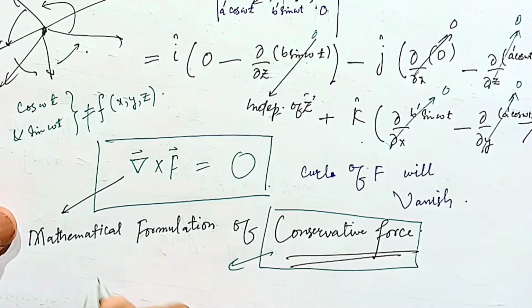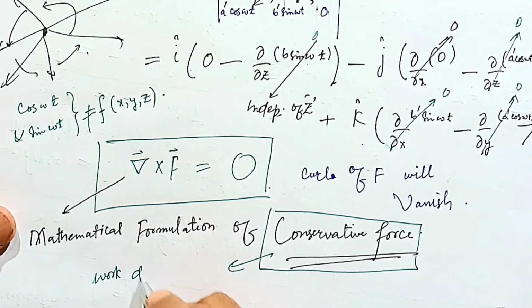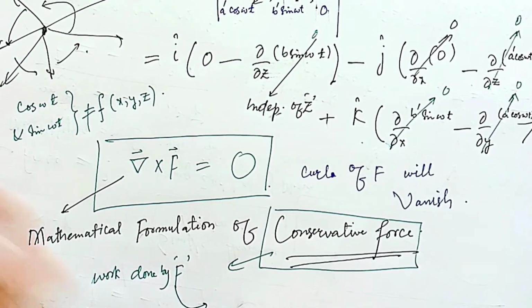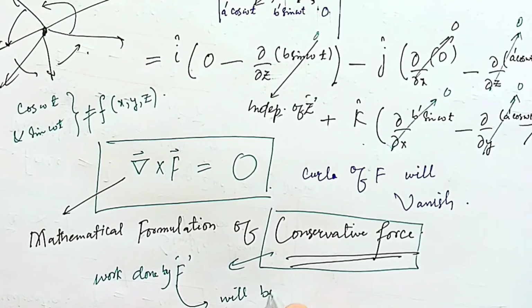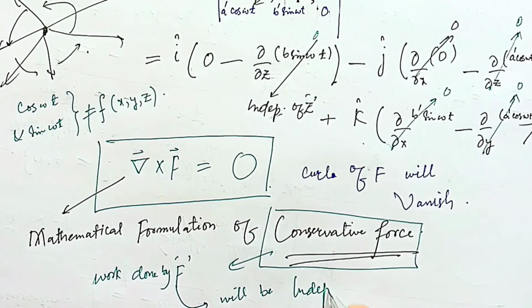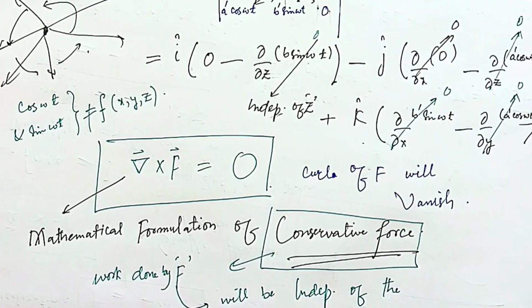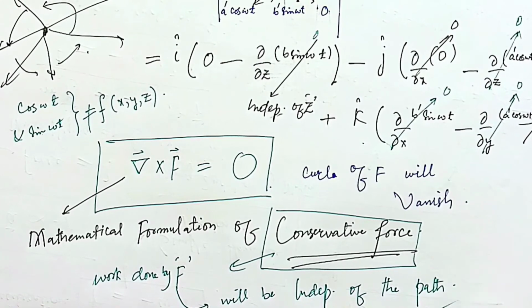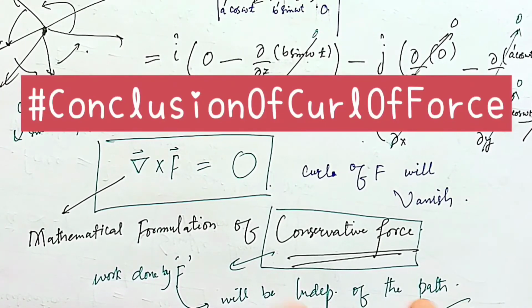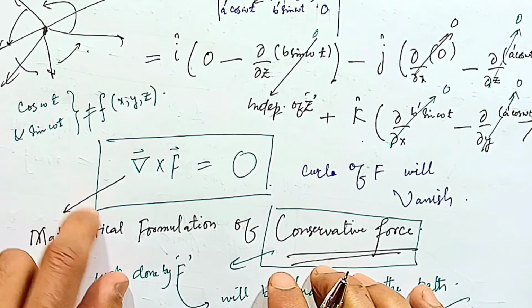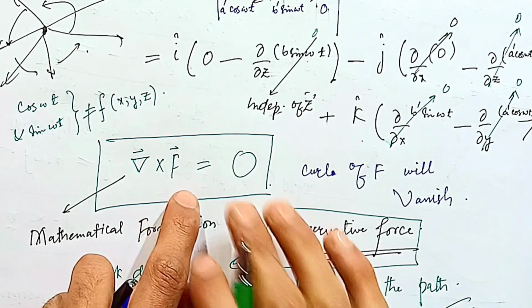That means the work done by this force will be independent of the path it follows. That is the outcome of a conservative force. That means the force which we were discussing here is conservative in nature, that is, the curl of the force vanishes.